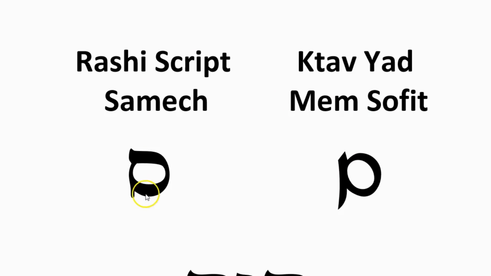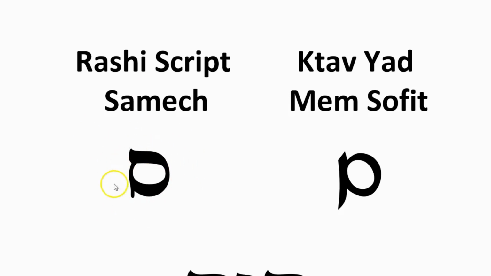As we saw earlier, there's confusion because the mem sofit is just a mashup of the ender mem and the samech shapes. We're used to writing the mem with the tail, and this has a tail here, so it just furthers the confusion. So just get that straight in our heads.